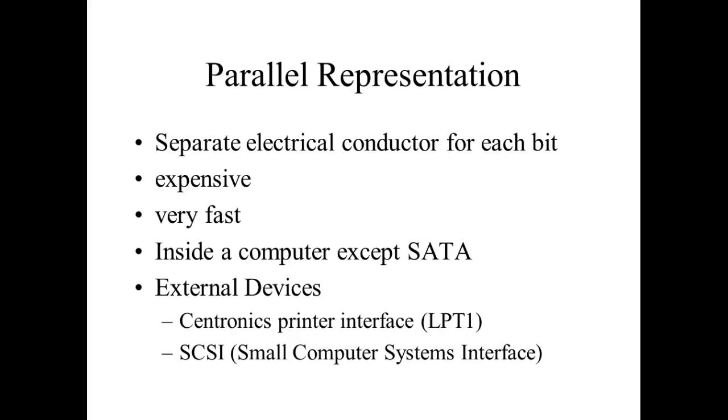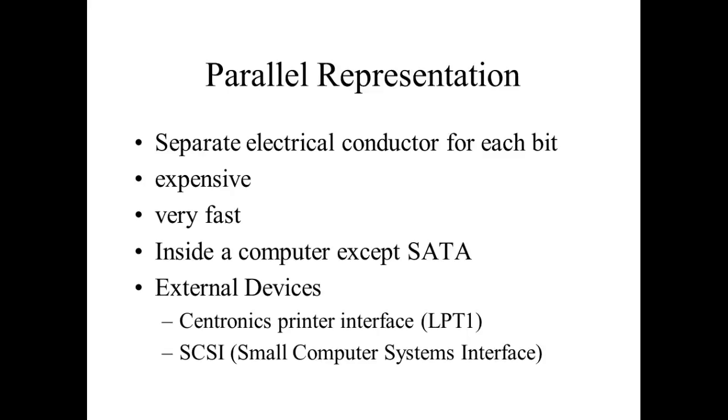Then we got parallel. Here we have a separate electrical conductor for each bit. The biggest disadvantage of parallel is that it's very expensive, because you got one wire per bit. So the predominant way we send information is serial, strictly because of the cost.